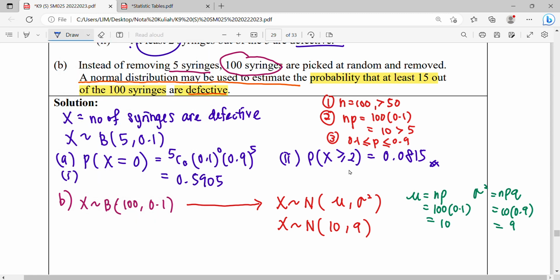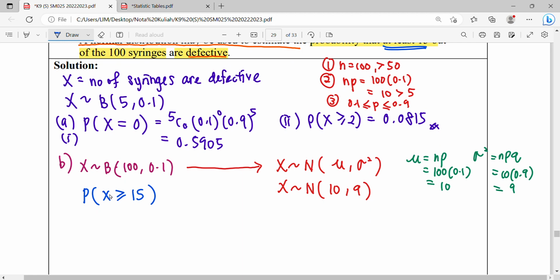Okay, so back to the question. What's the probability they ask us to find? How many syringes here? At least 15. So at least 15, P(X is more than or equal to 15). So are we going to use binomial to calculate this? No, we are going to change to normal. X is originally binomial. Now we need to change to normal. So I will give you a flow here.